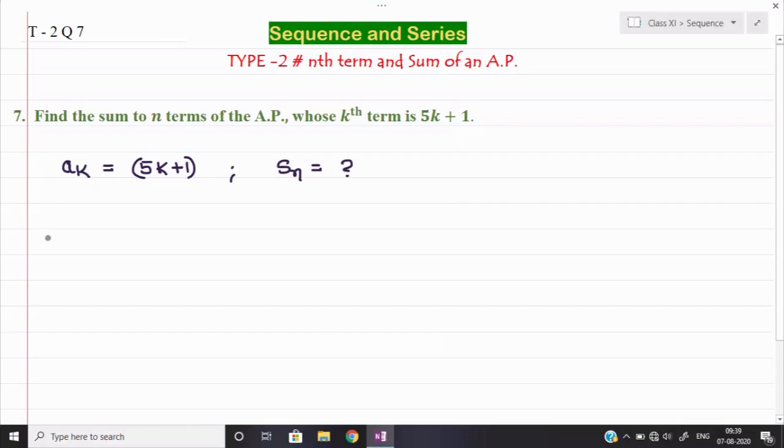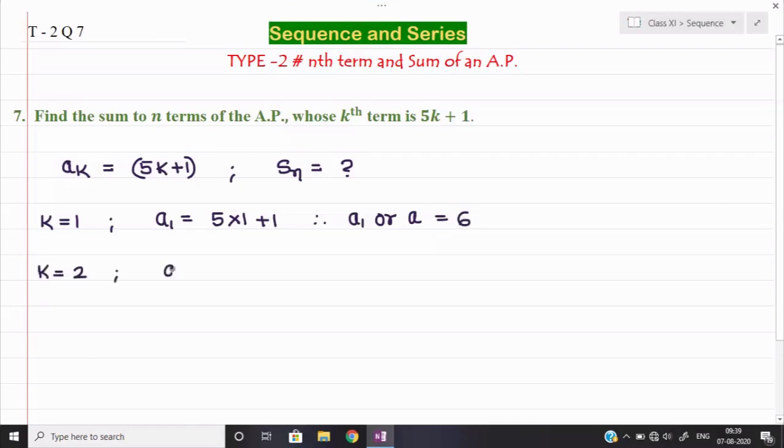So first we shall replace k by 1, 2, 3, so we shall get the first term, second term and third term. So let us take the value of k is equal to 1. So we can say a1 is equal to 5 into 1 plus 1. So therefore a1, or you can say it is a, because the first term we normally consider by a, will be equal to 6. Similarly we shall take the value of k is equal to 2.